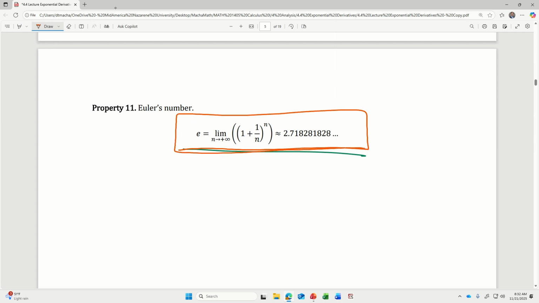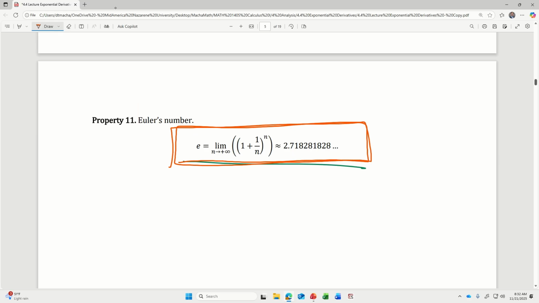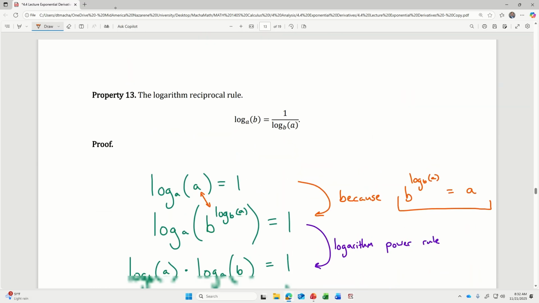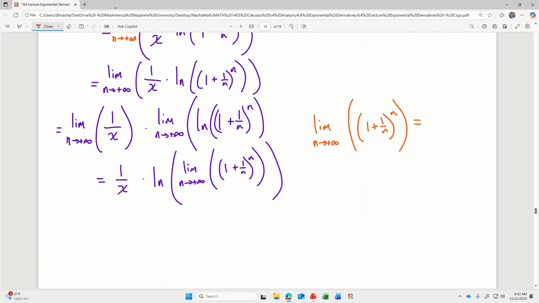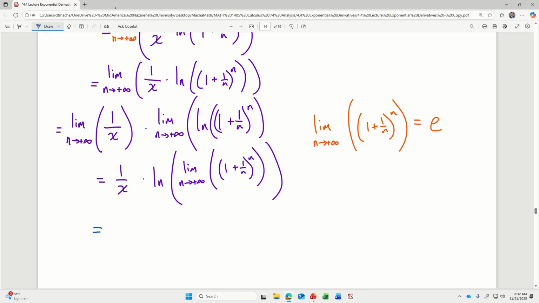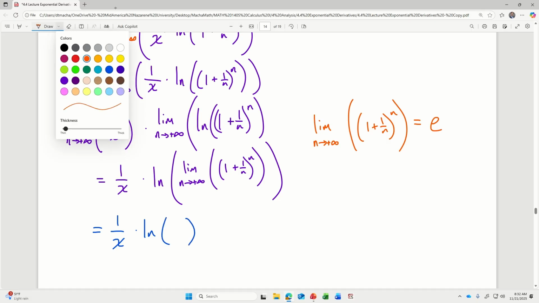That is Euler's number. This is the definition of what it means to be Euler's number, to be that limit. So we've got 1 over x times the natural log of e.